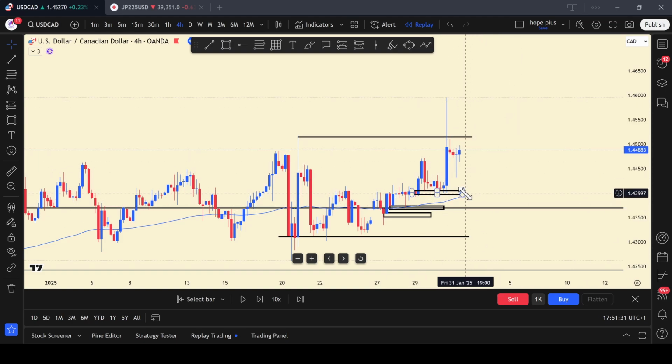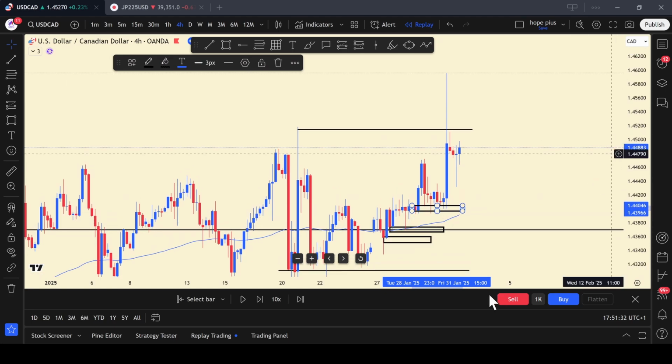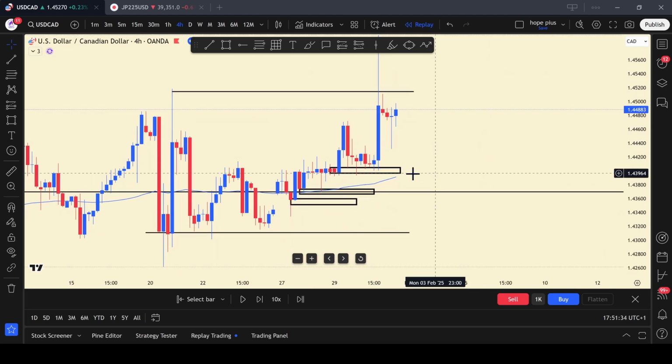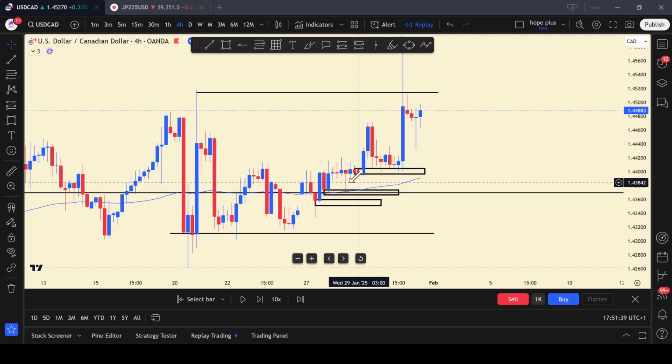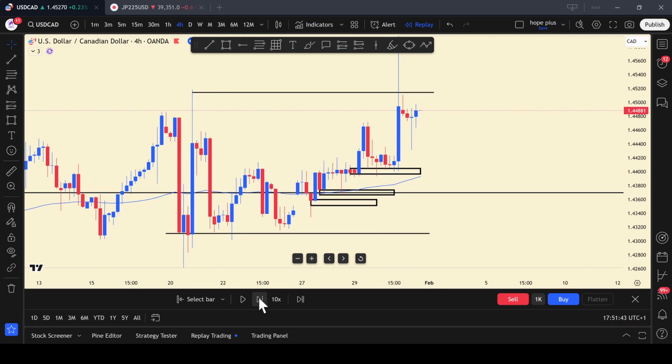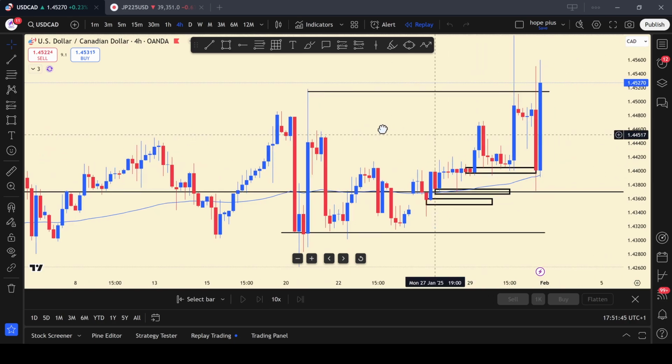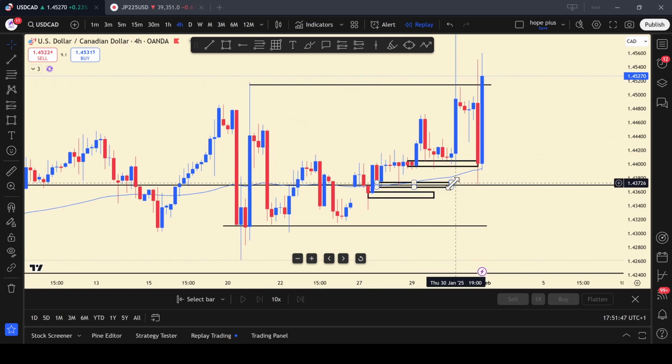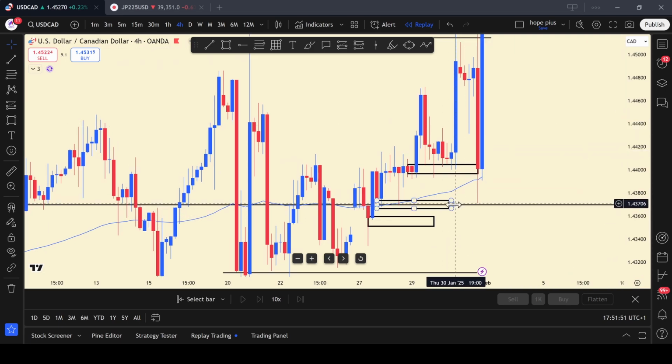Now see the power of this opening price. See the power of this reverse opening price. Price came back again towards that level, and then where did it come to? This level.